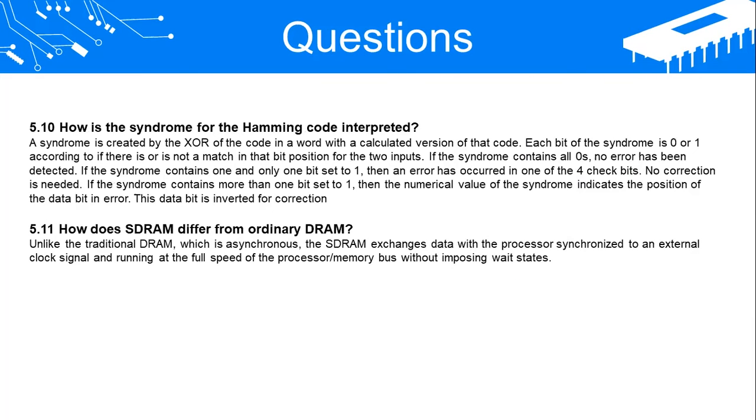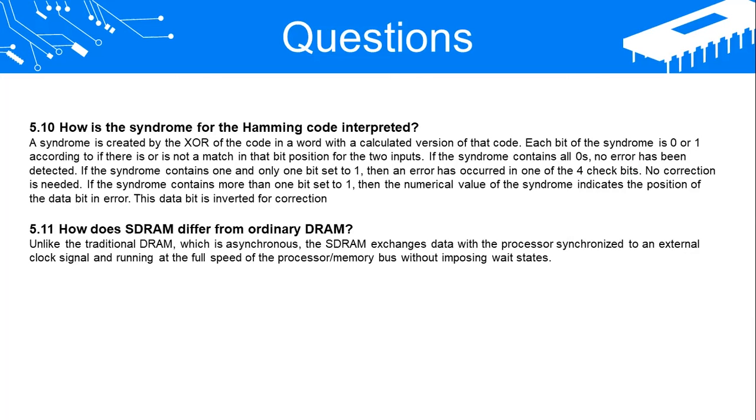Then, how is the syndrome for the Hamming code interpreted? A syndrome is created by the XOR of the code in a word with a calculated version of that code. Each bit of the syndrome is 0 or 1 according to whether there is or is not a match in that bit position for the two inputs. If the syndrome contains all 0s, no error has been detected.